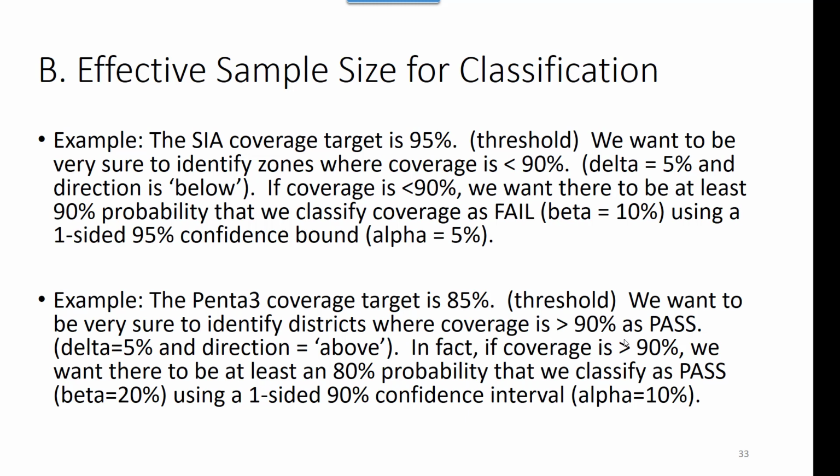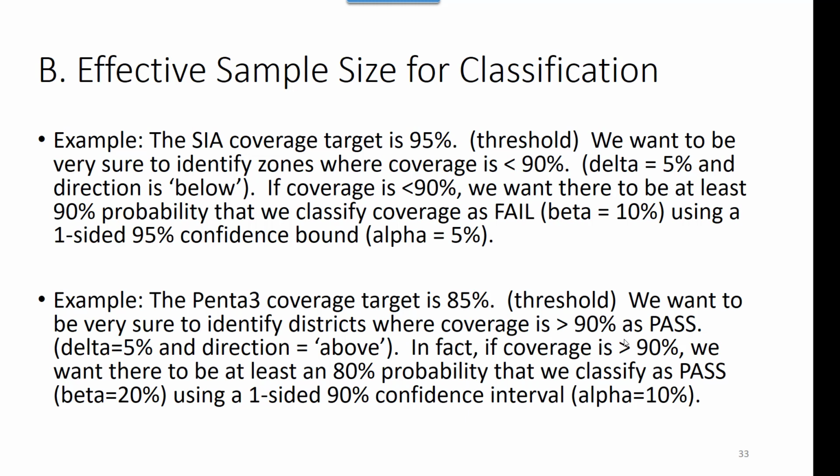Now, if coverage is higher than 90%, then we want to be sure there's at least an 80% chance that we're going to classify that stratum as passing. Well, if you want 80% power, then that means your beta is 20%. And if we're going to do the classifying using a one-sided 90% confidence interval, that means alpha is 10%.